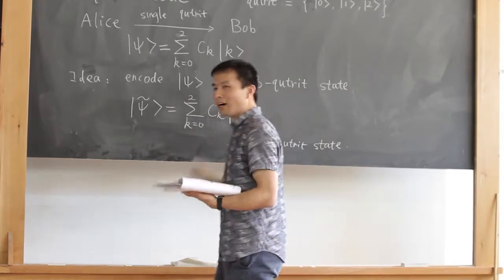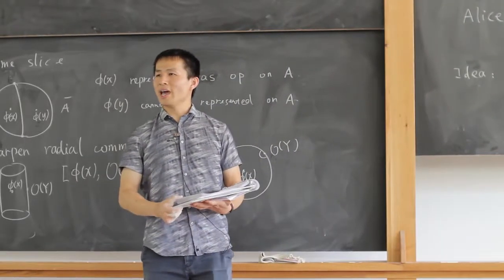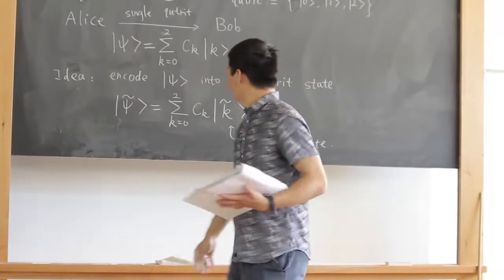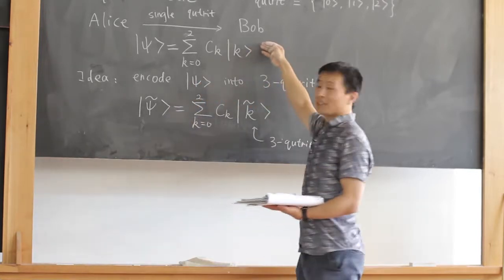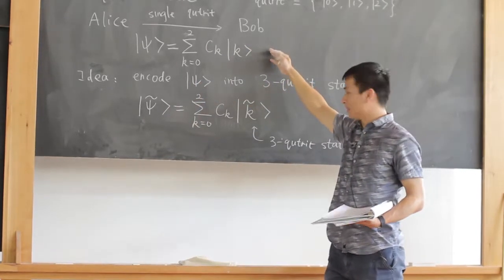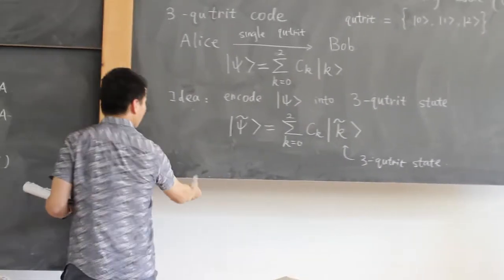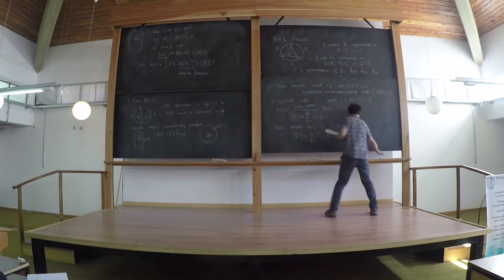So this ket tilde is supposed to mean some special 3-qutrit state that we can engineer beforehand, and for any state of the 1 qutrit that she originally wanted to send, she can instead send this new 3-qutrit state. So let's be a little bit more concrete.